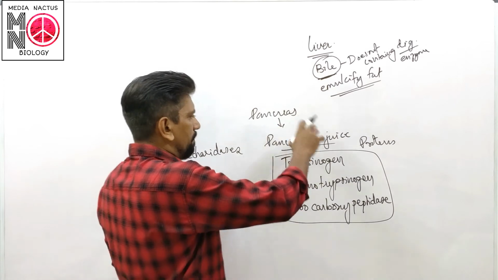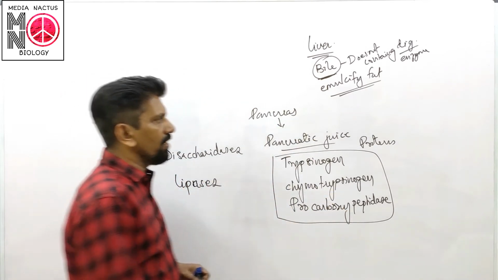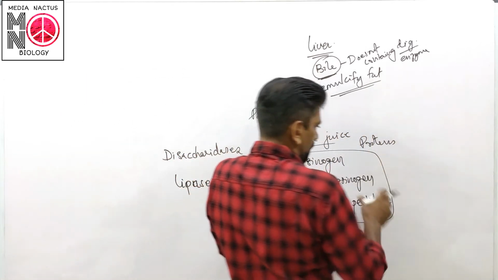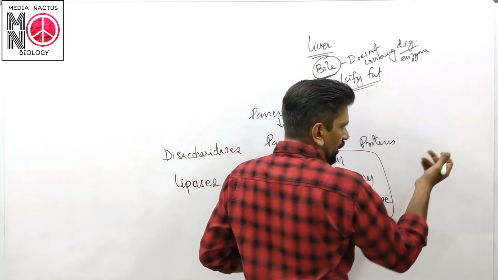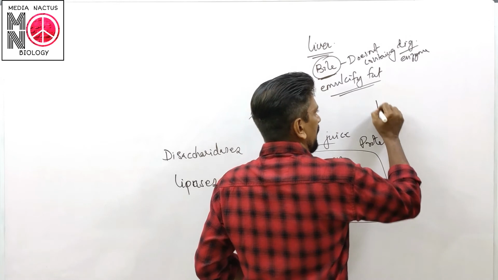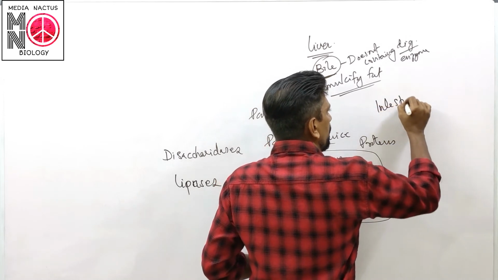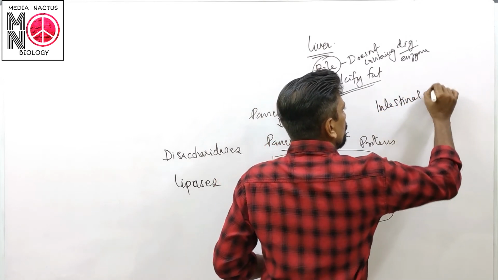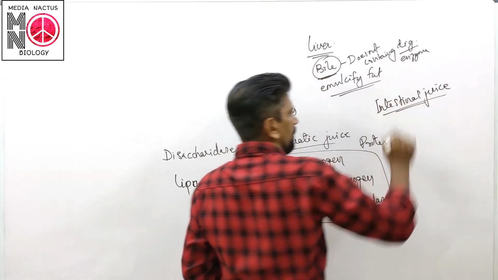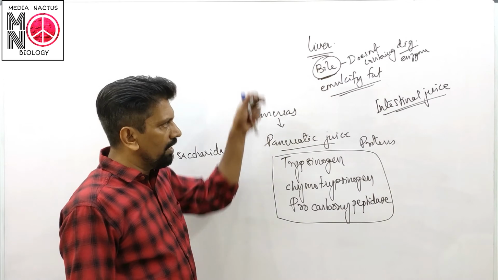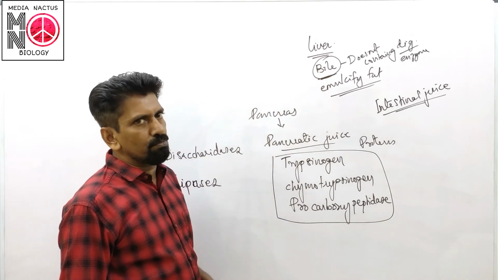Then it passes toward the next part of the small intestine. Actually, from the duodenal region itself, intestinal juice is secreted from the different regions of the small intestine.